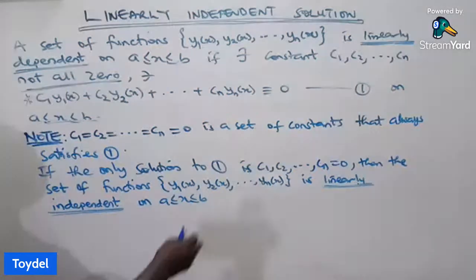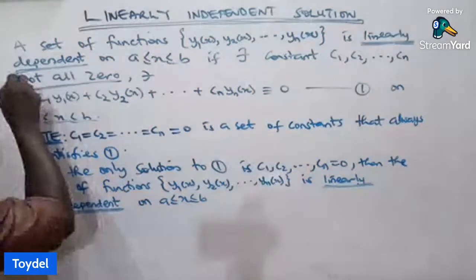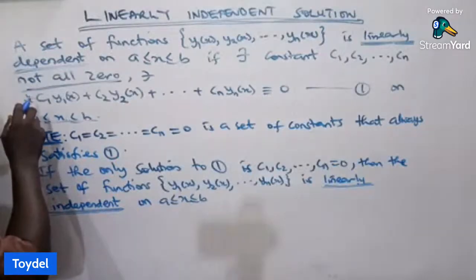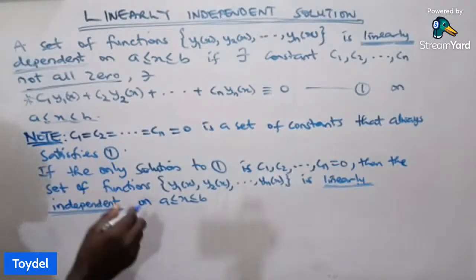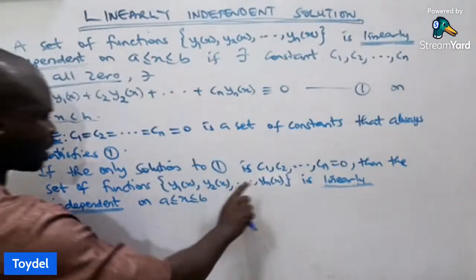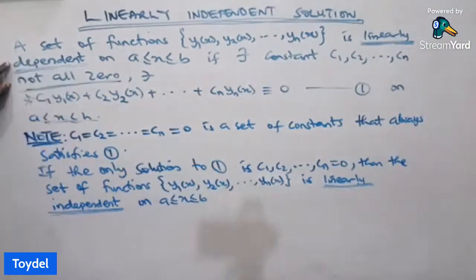If the constants are not all 0, the set of functions is called linearly dependent. That is the difference between linearly dependent and linearly independent solutions.